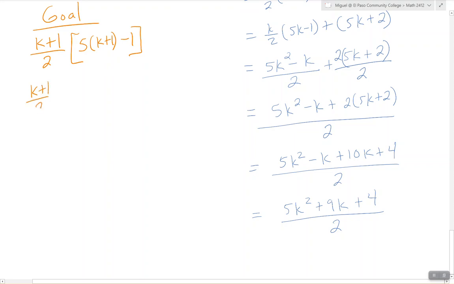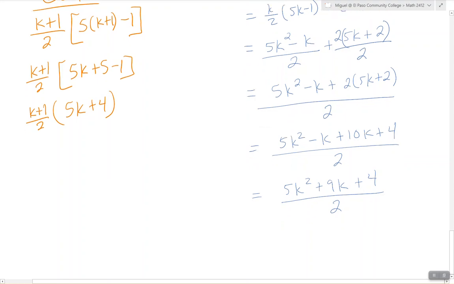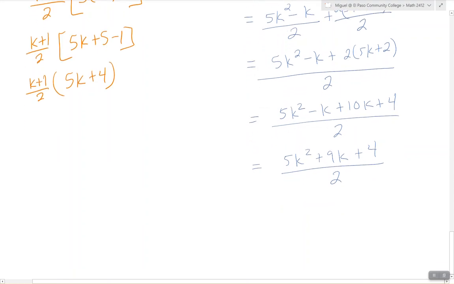So this is k plus 1 over 2. Inside here we have 5k plus 5 minus 1, which is k plus 1 over 2 times 5k plus 4. Okay, and if I multiply this out, I'm going to FOIL on top, right?